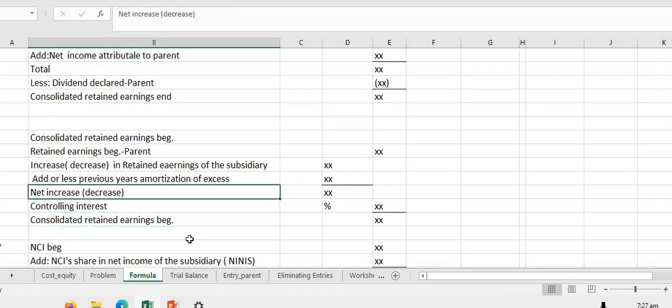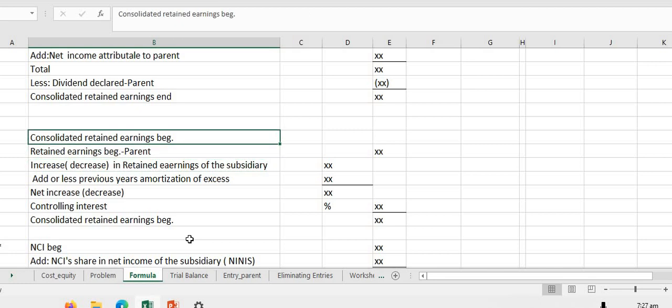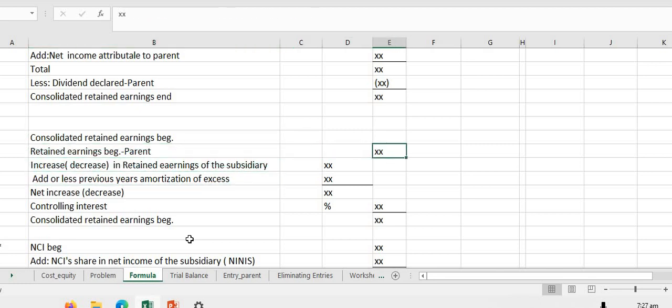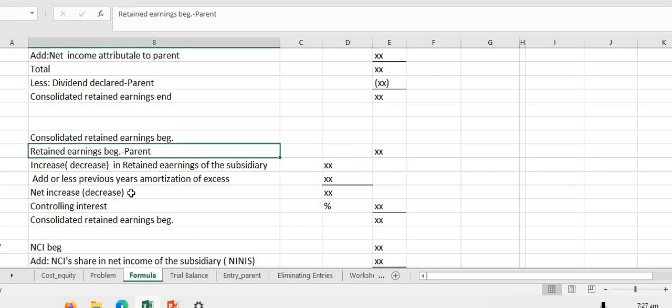How do we compute? Okay, so it's actually the retained earnings beginning of the parent at the date of acquisition. Then, kunin lang natin yung increase or decrease in the retained earnings of the subsidiary.